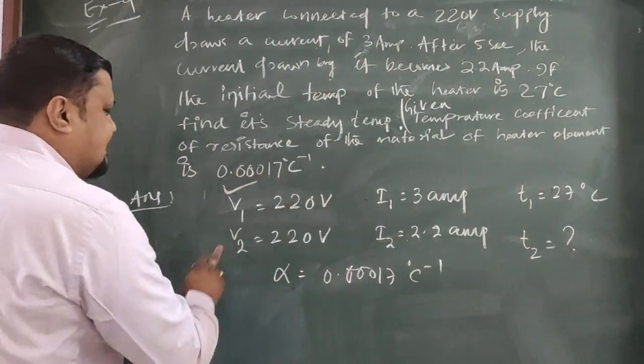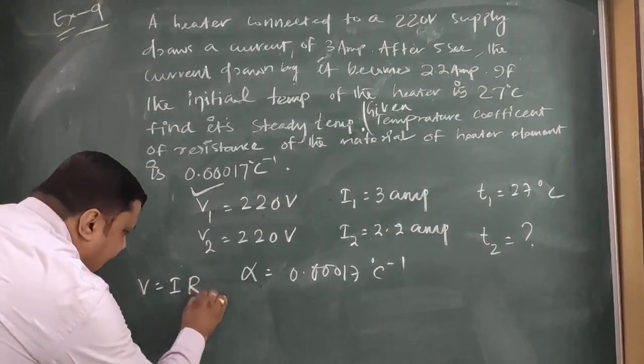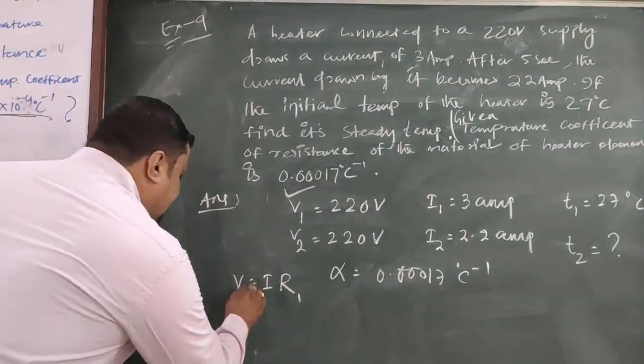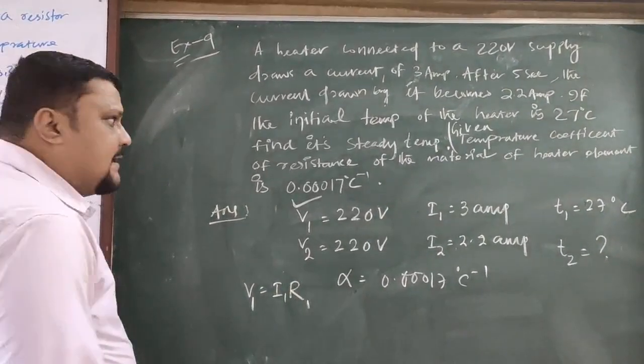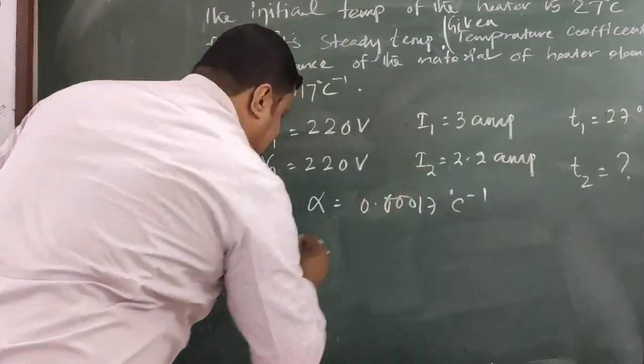So at this initial case, according to Ohm's law, V is equal to IR, that is, V1 is equal to I1 R1.